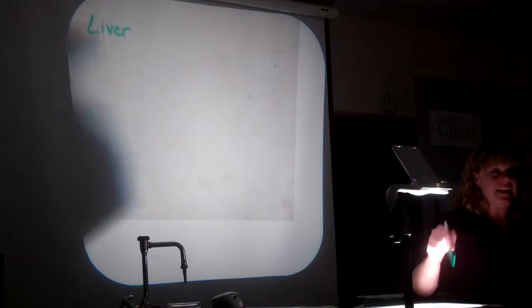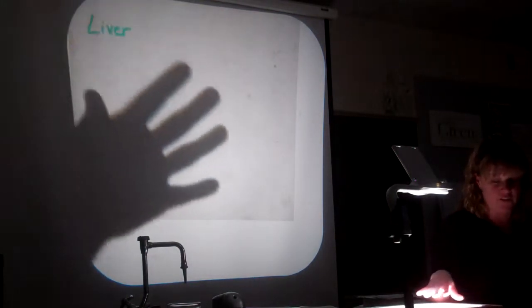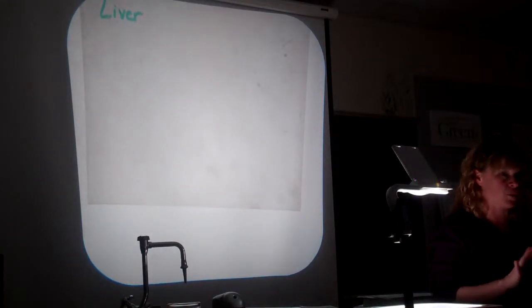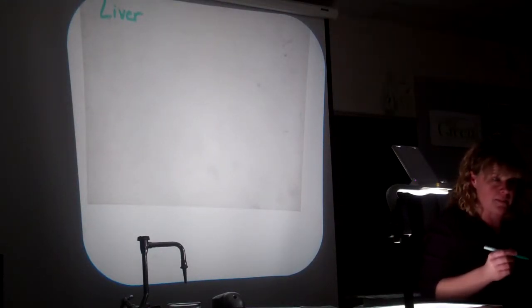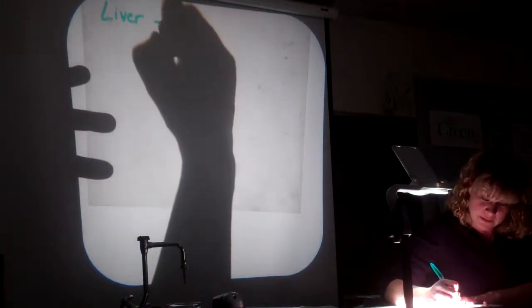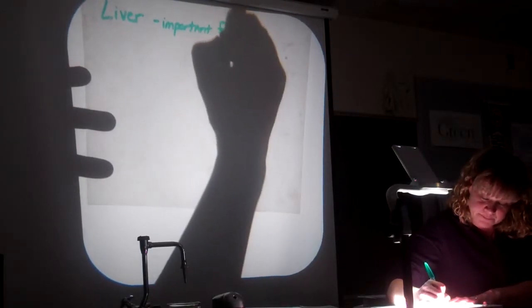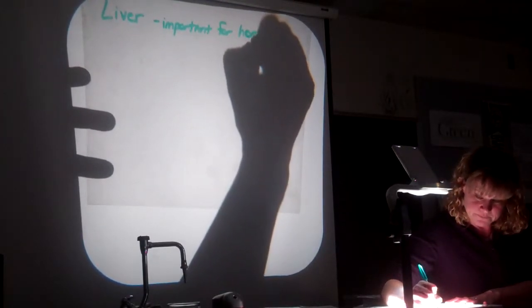Okay. Anyway, liver is this organ. When you mention this word homeostasis, you always want to talk about the liver, because if there is one organ in your body that is probably the most important for maintaining homeostasis, it's this one.